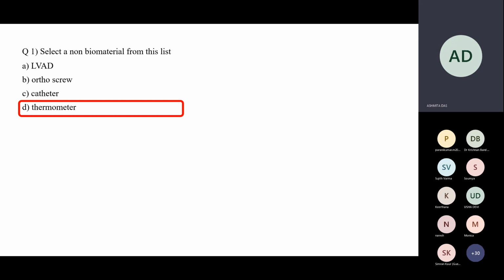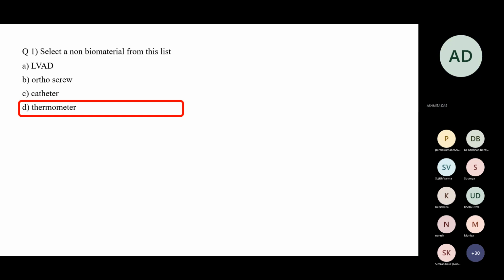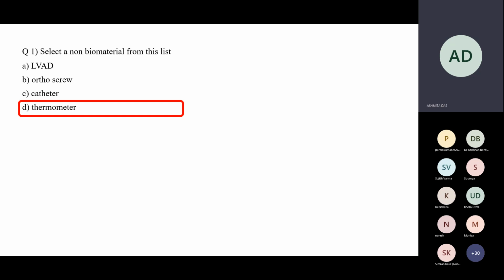Now, whoever did not know what LVAD is: LVAD is basically a left ventricular assist device. It is a device that helps pump blood from the lower chamber of your heart to the rest of your body. An ortho screw is basically a titanium or stainless steel screw used during surgery of fractured bones.